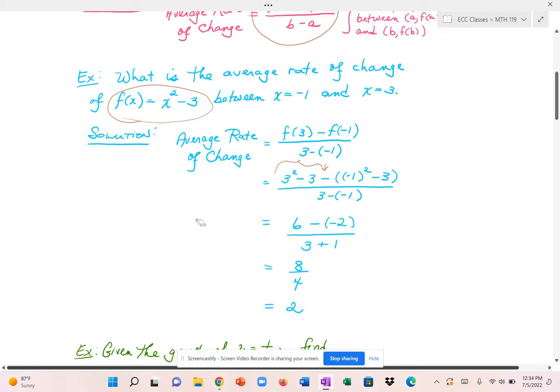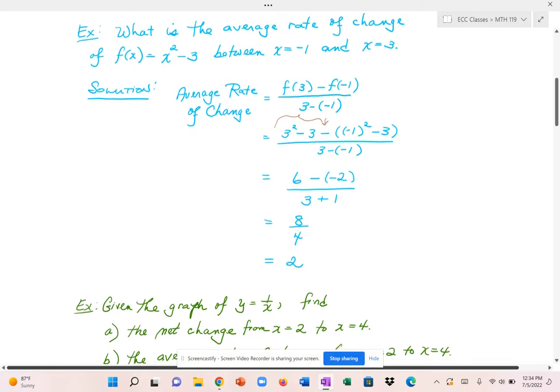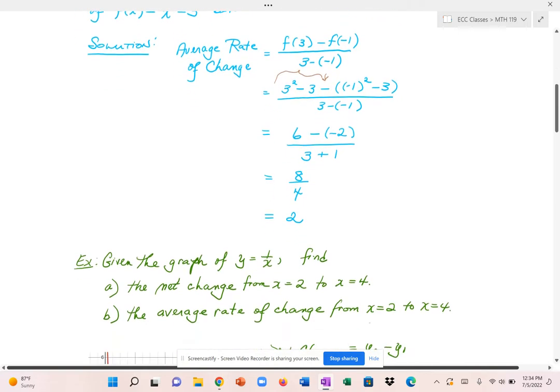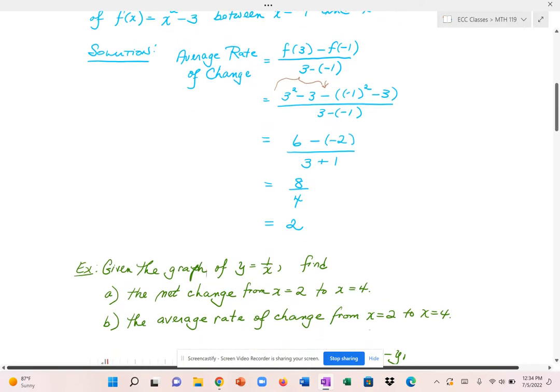Okay, so here's another example here in green. Given the graph of y equal to 1 over x, find the net change from x equal to 2 to x equal to 4. And then part B says to find the average rate of change from x equal to 2 to x equal to 4.